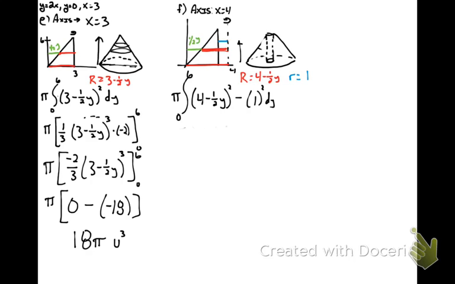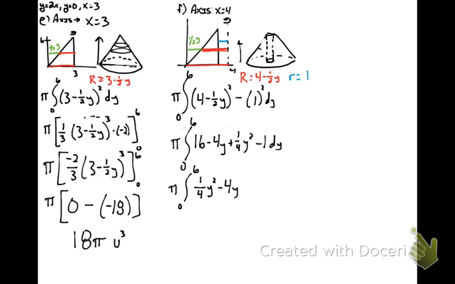I'm going to clean this up a little bit. I'll expand everything just because I feel like it. When I expand this, this becomes 16 minus 4y plus 1/4 y squared minus 1 dy. Cleaning it up a little more, we've got the integral from 0 to 6 of 1/4 y squared minus 4y plus 15 dy.